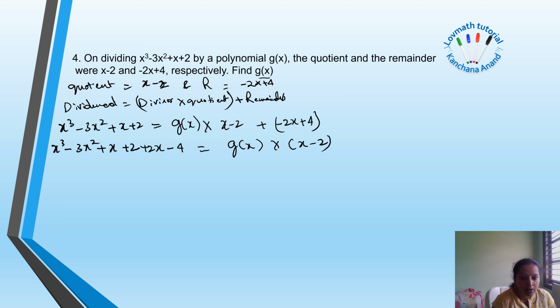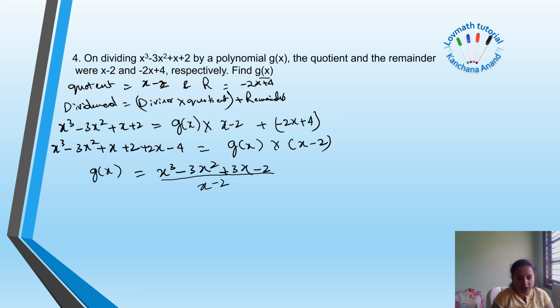Now to find g(x), we have to divide the polynomial by x - 2. That means g(x) is equal to x^3 - 3x^2 + 3x - 2 divided by x - 2. Now let us start the division.